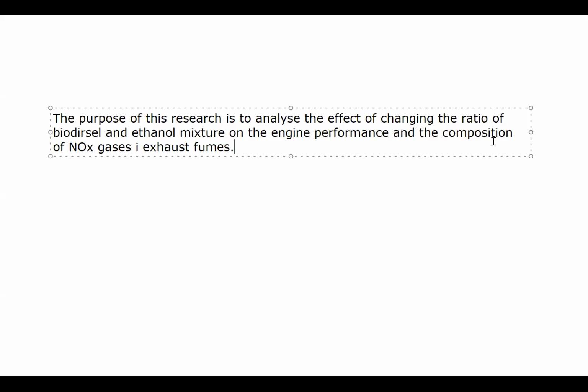And then we would have said that the non-renewable fuels will finish within the next 100 years. We have economic issues, and NOx gases are responsible for smoke formation, and they are a health hazard and all kinds of stuff. So we have to bring a background to my problem.